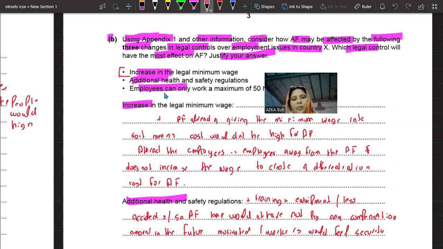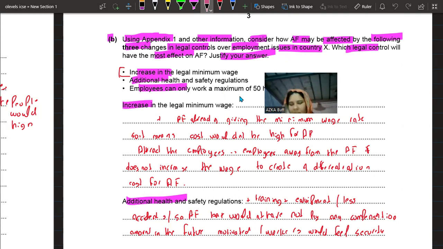And the next one is employees can only work a maximum of 50 hours each week. So we will see how many hours are basically required by AF, and by how many hours it has decreased, because now you have only 50 hours each week.